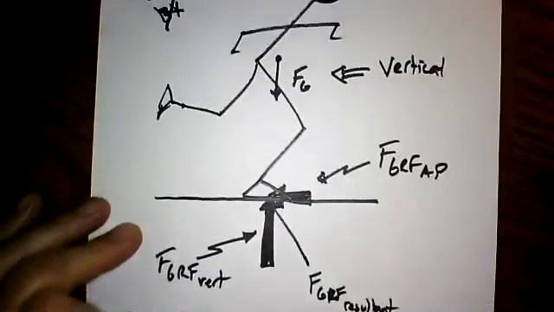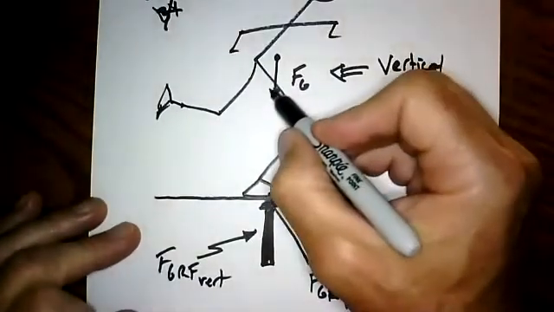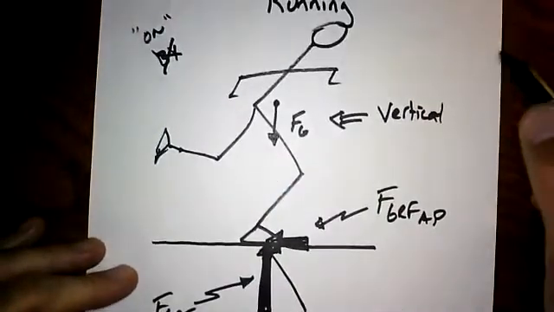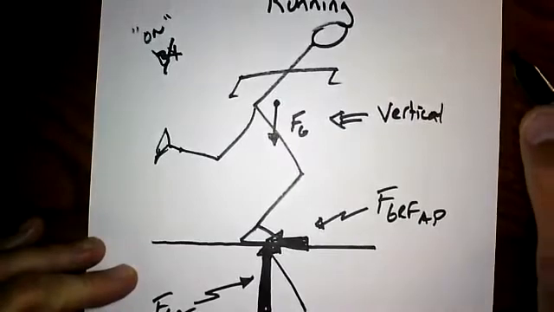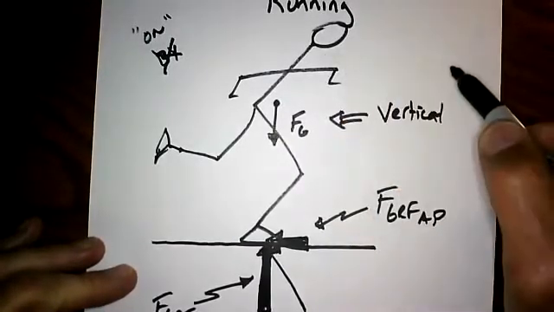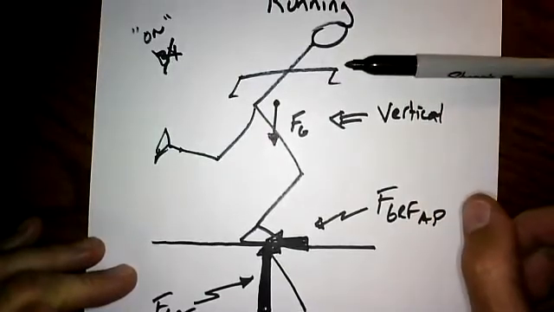All right, any other pushing or pulling going on the runner? Well, one that we're going to ignore right now is air resistance. Air resistance is a real force, a real push. If you're running into a headwind, you can feel that wind pushing against you, and it will ultimately influence running performance.